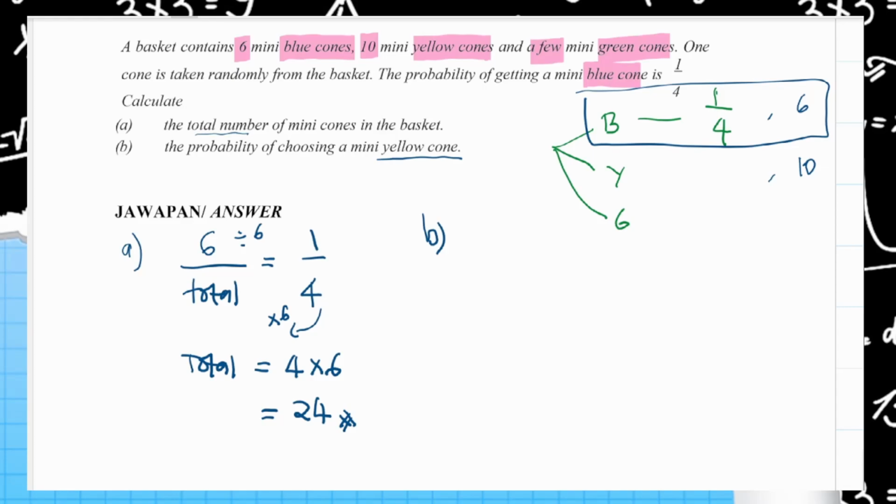And the question asks you to list the sample space for the experiment. So you have to list again.